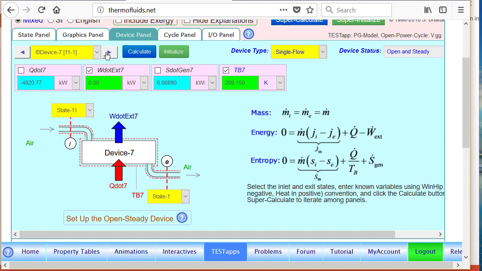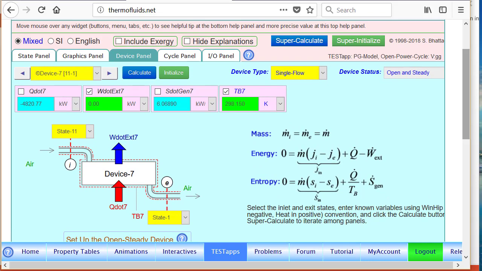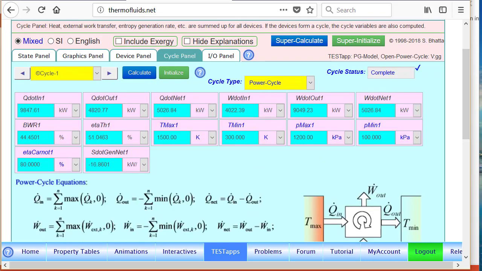And finally, the final heat exchanger, which takes us back to the inlet state, state 11 to state 1, produces the heat loss in the final heat exchanger. And that completes the cycle. There is no other device left. If you go to the cycle panel, all the desired variables, such as the thermal efficiency and W dot net, which must be equal to Q dot net, are found.